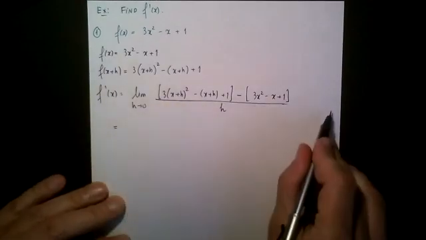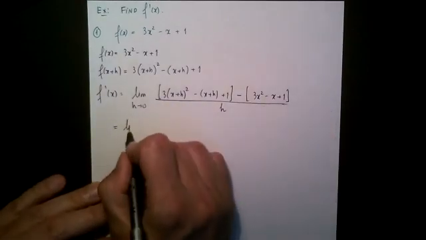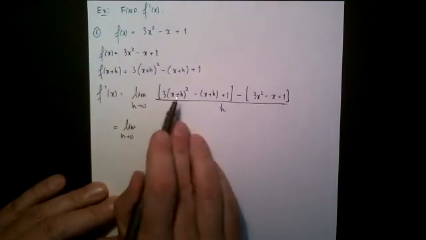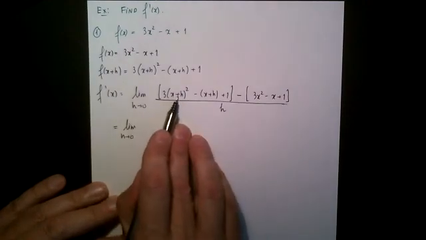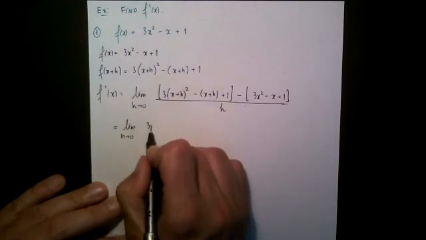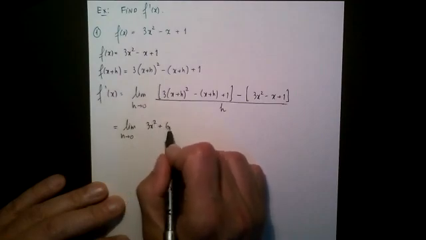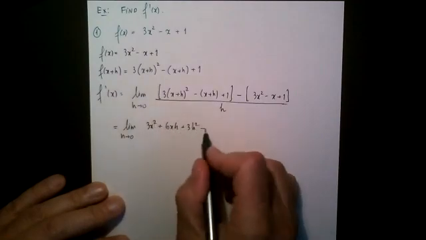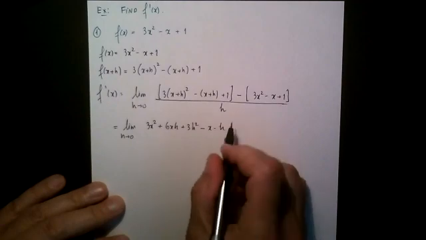Equals, and now I'm going to open everything up. So limit as h approaches 0. On top I have x2 plus 2xh plus h2, all this times 3. So I will get 3x2 plus 6xh plus 3h2 minus x minus h.